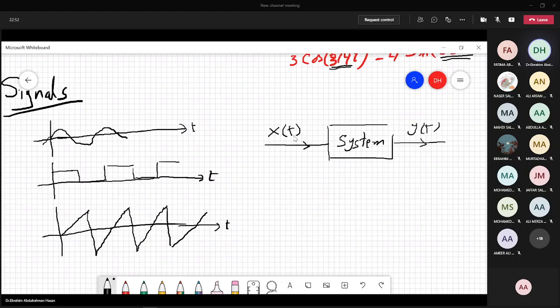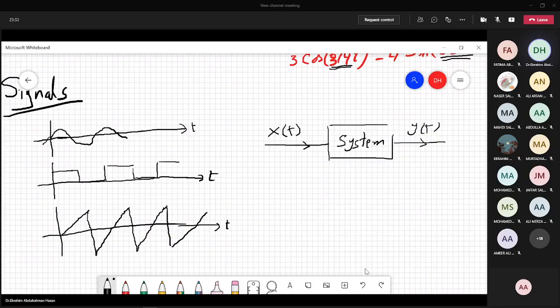If the input, for example, is a traffic light signal and it is red, then I process the signal, and then I take action: press the brake pedal, I must stop here. So this is your output. There can be no system without a signal, or a signal without a system. So when we say signals, it is signals and systems all together.